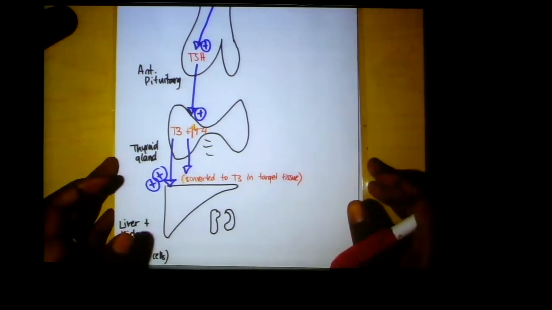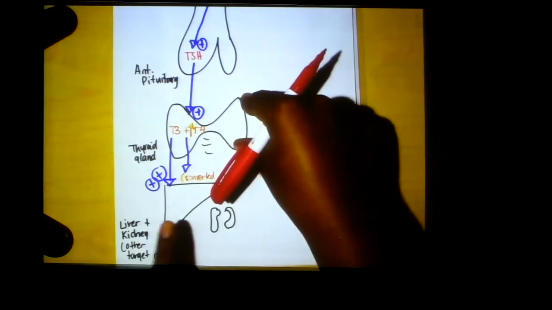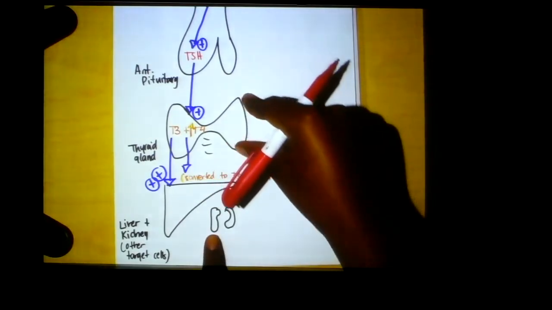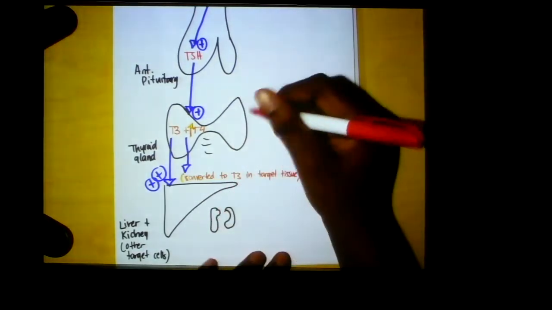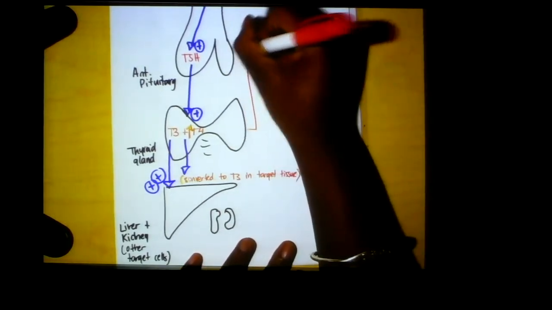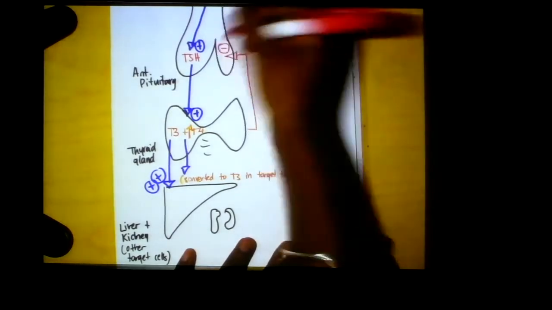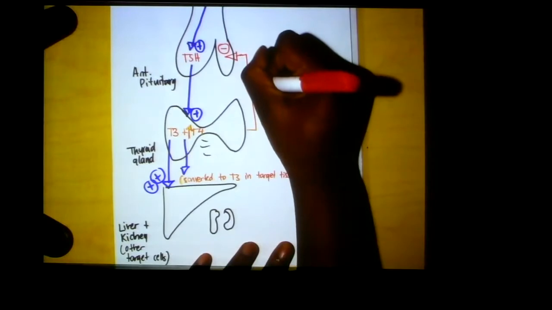So the feedback loop starts in the thyroid gland. It's really important to understand that it doesn't start down here in the target tissue. It starts from the endocrine gland in question. And there are 2 feedback loops. One is that we can feed back onto the anterior pituitary here. Again, this is a negative feedback, so a short loop.